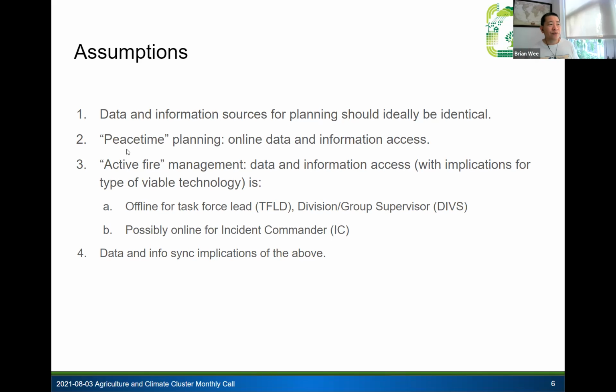And I also assume that for peacetime planning, you have online access to data and information, but when you have active fire management going on, your task force leads, a short form for this that Dave uses is TFLD, the task force leads and the division group supervisors, generally speaking the folks on the ground, I assume that it would be best for these guys to have offline access, because you cannot rely on any internet access.